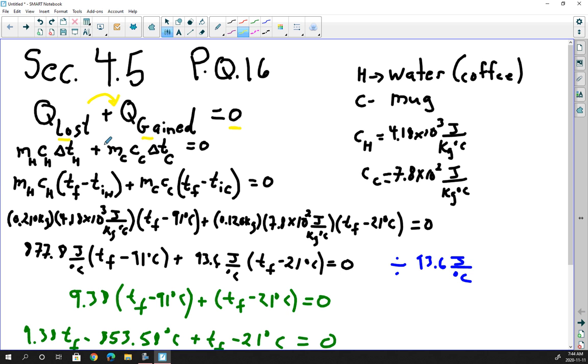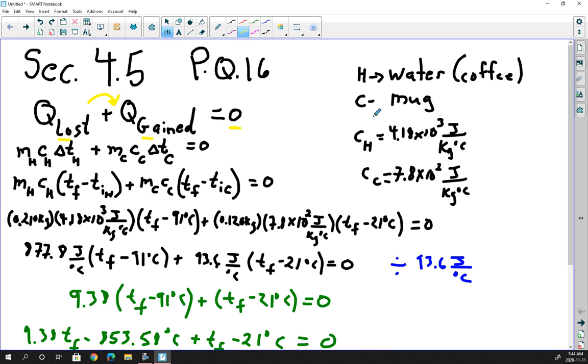And then plus the gain: it's the cold object that's going to gain the heat. So it's the mass of the cold object, times the specific heat capacity of the cold object, all times the change in temperature for the cold object, and that equals zero.